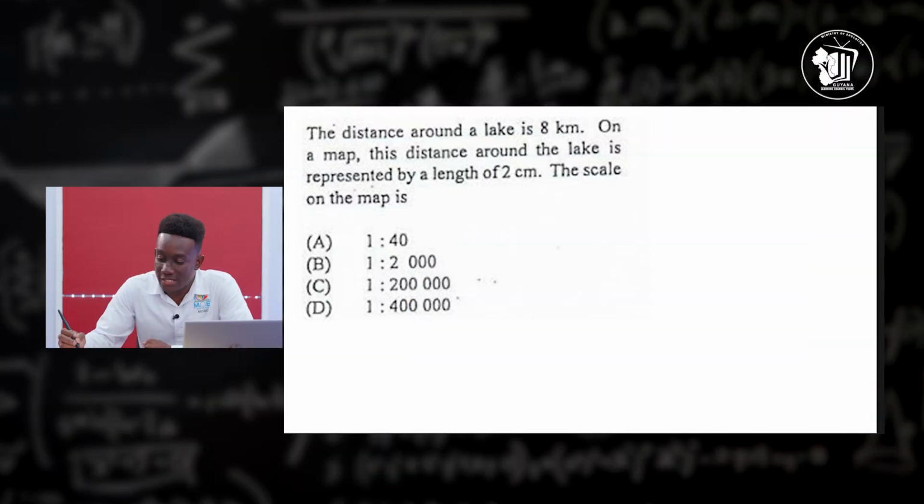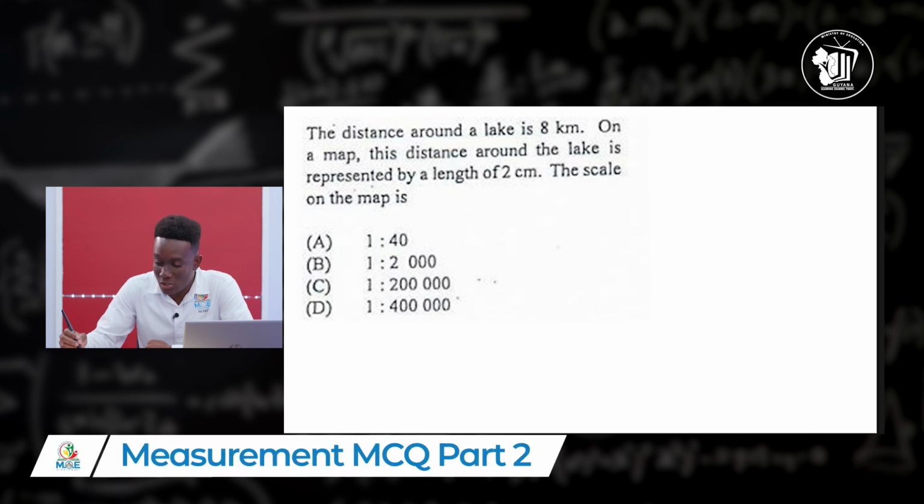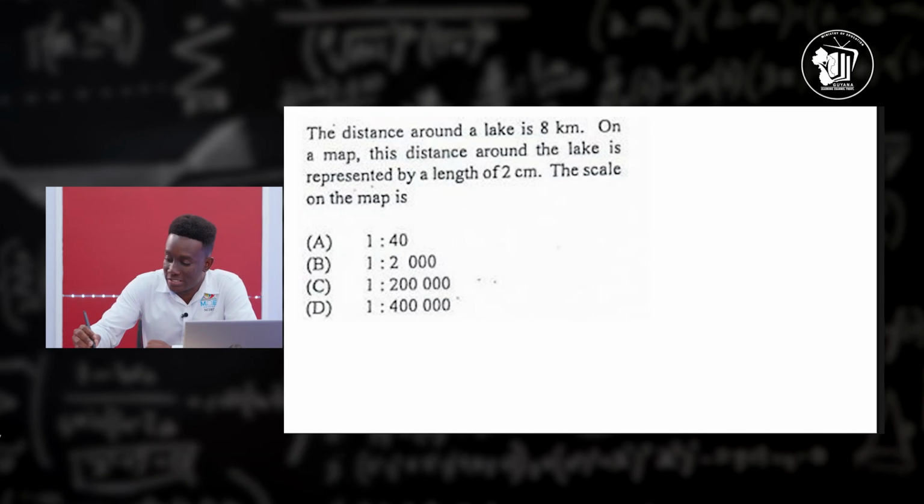So the next question says, the distance around a lake is 8 km. On the map, this distance around the lake is represented by the length 2 cm. The scale on the map is, so let's first convert all of these units to the same thing. We want to convert this km to cm.